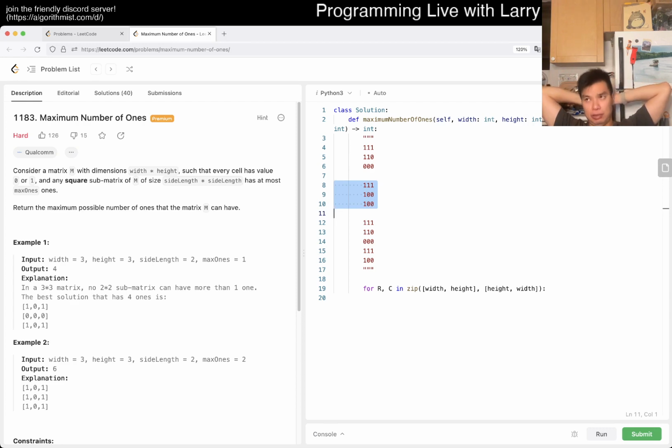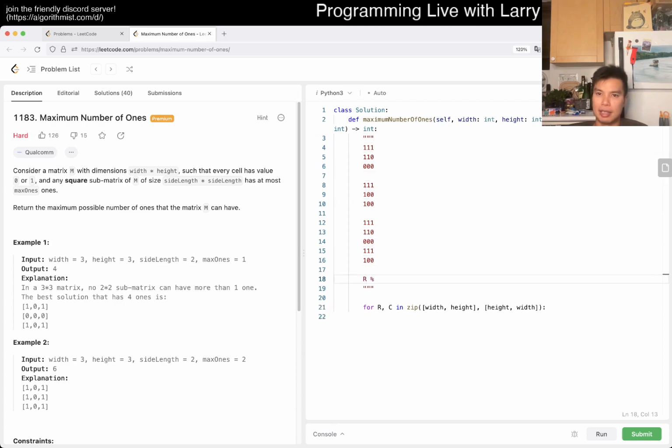But is that even true? It is true if you're thinking about one dimension, but if you have two dimensions, then the problem becomes, let's say you have R mod side length and C mod side length.